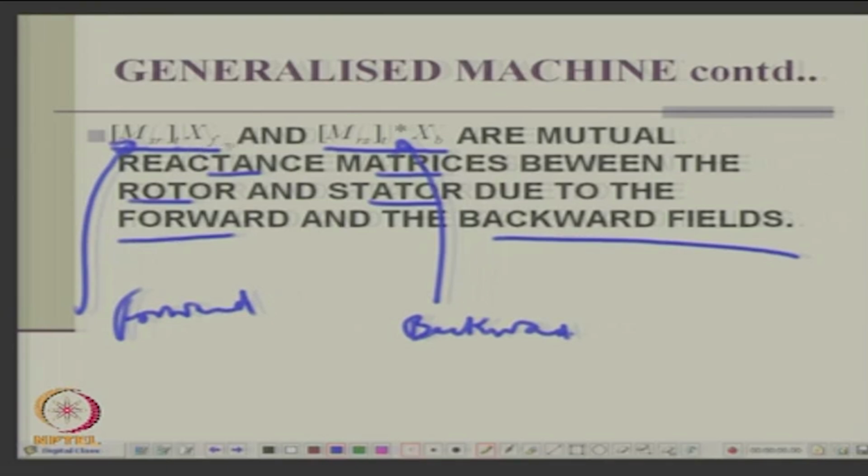Because if stator to rotor is MSR, rotor to stator will be MSR transpose, okay. The other way around, okay. If you just look at some winding, the transpose comes because they are not equal numbers of stator and rotor windings, okay.